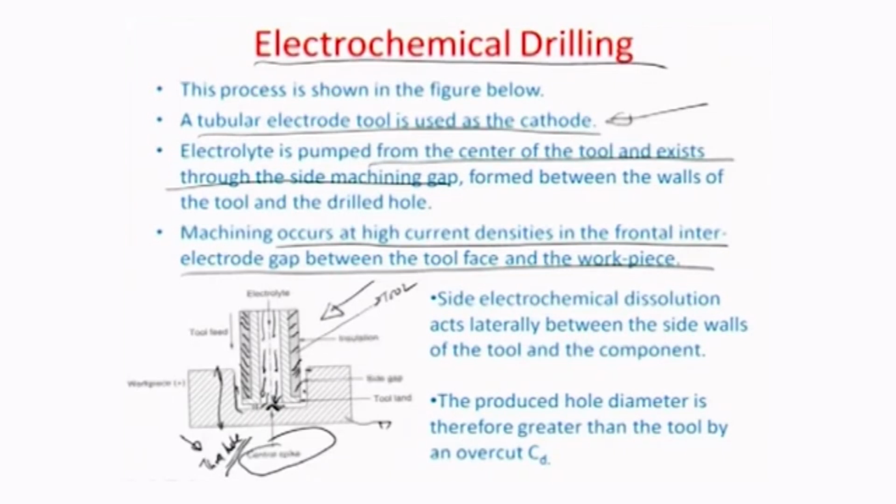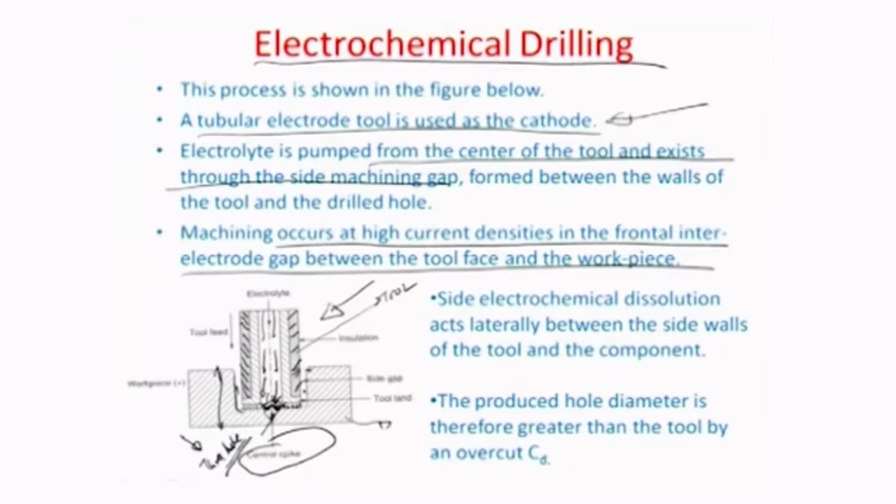The fields may exist between, for example, these two sides. Okay, so the electric fields and the current densities are highest here, and the field reaching here because of these electrodes here may be smaller in value, and therefore this region is depleted of the overall electric field that it faces.